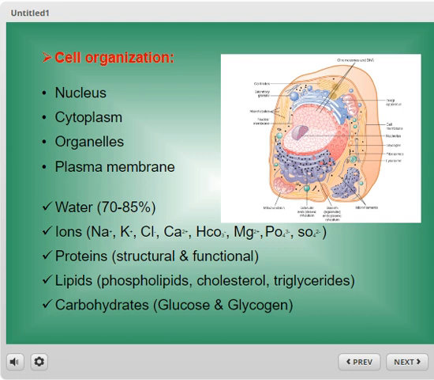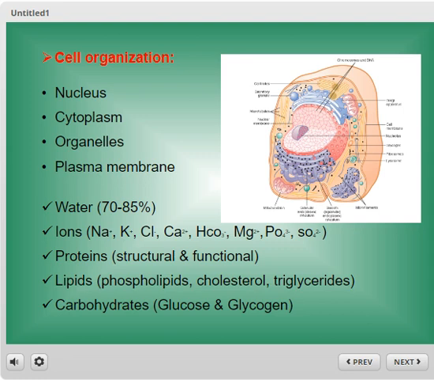The composition of the cells includes water. 70 to 85% of the cell is water, which is essential for various biochemical reactions.